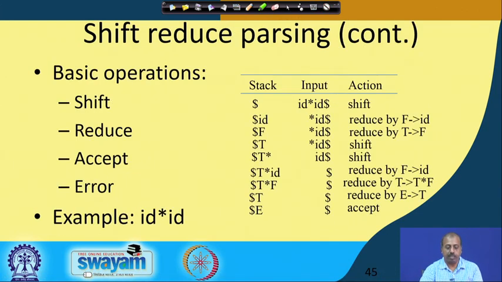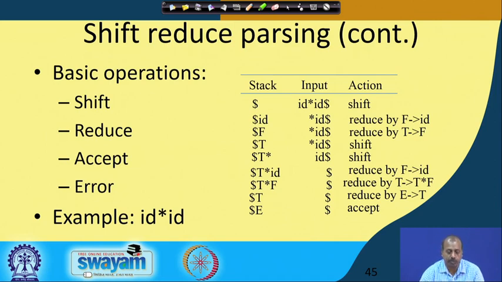So, this is a simple example. We have got 4 basic operations. We have just now talked about shift and reduce. There are 2 more operations, one is accept and another is error. Accept is the situation where you have reached the configuration where the stack contains the start symbol of the grammar, and the input pointer is also pointing to dollar.